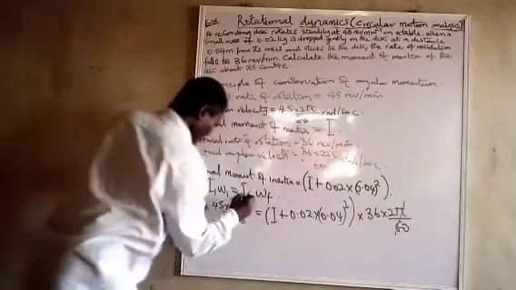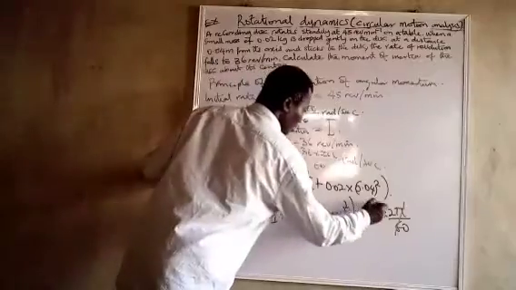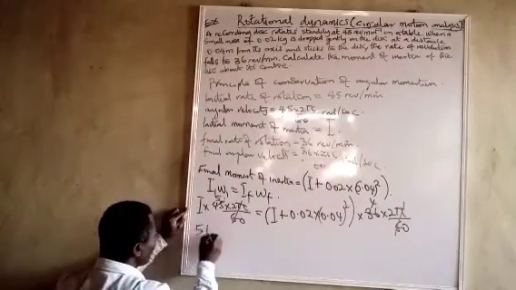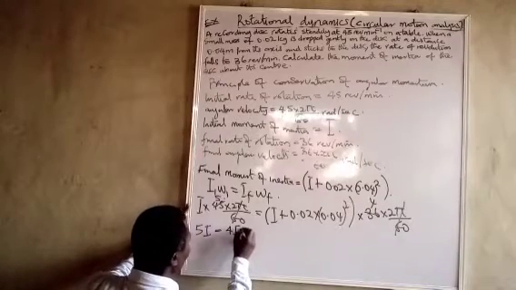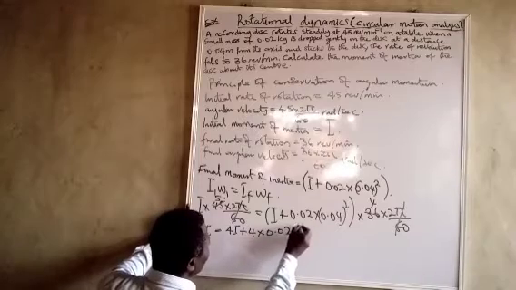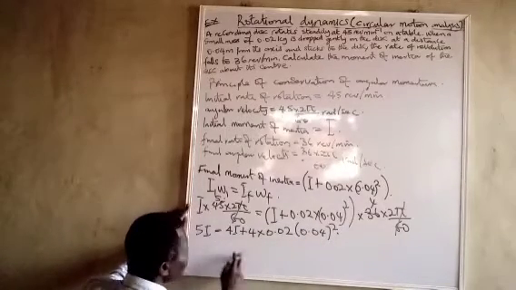So let's cut this. If I cut both sides by 9, this one will give me 4 and this one will give me 5. Therefore, I can now say 5I equals 4I plus 4 times 0.02 into 0.04 squared.